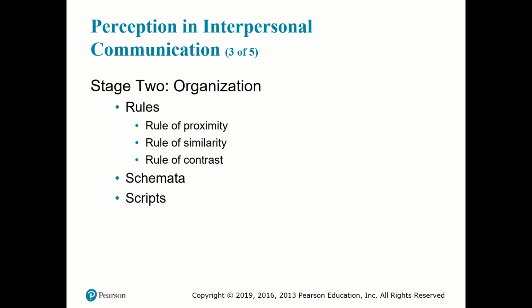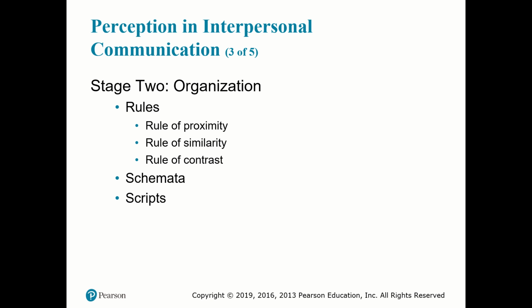Whenever it comes to rules, we have 3 kinds of rules that we use. Rules of proximity. When we see something or a group of people together, we group them together. So, because 2 people are hanging out together, they must belong together. This is not always true, but it's the assumptions that our brains make.